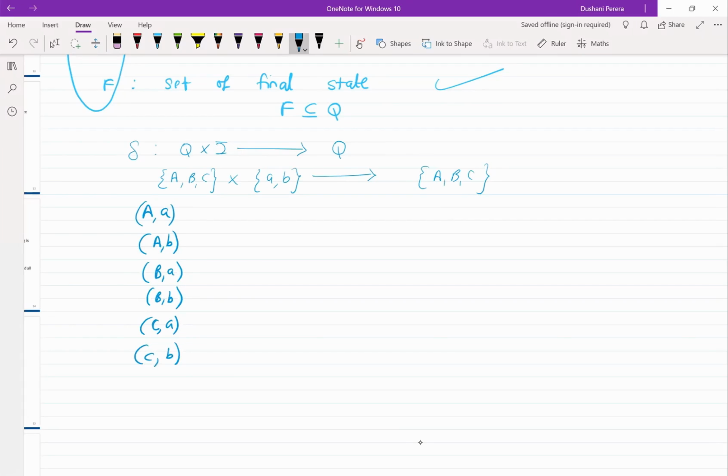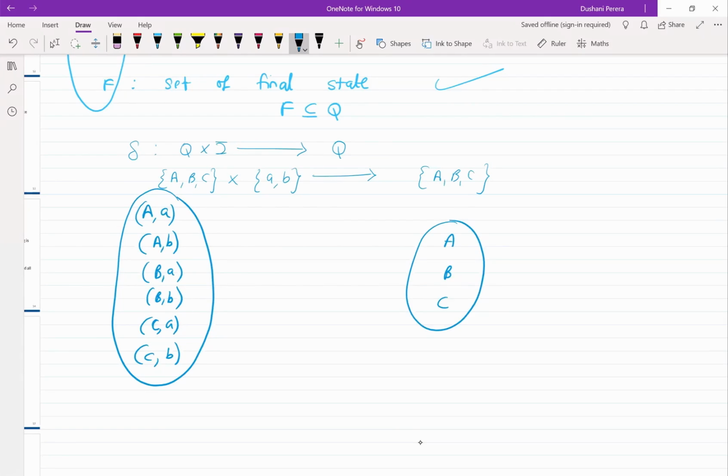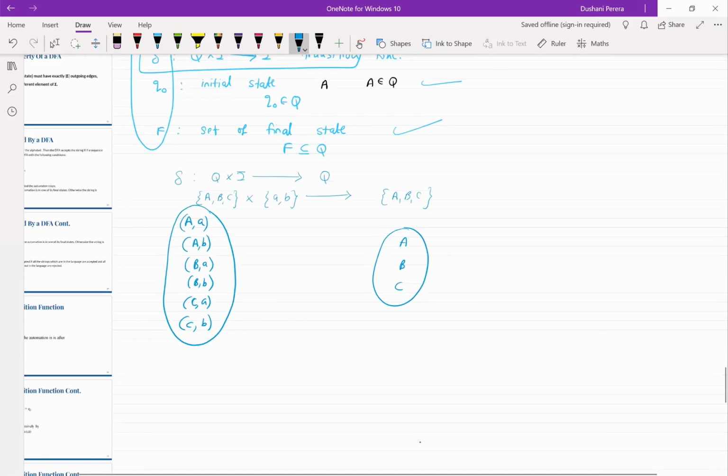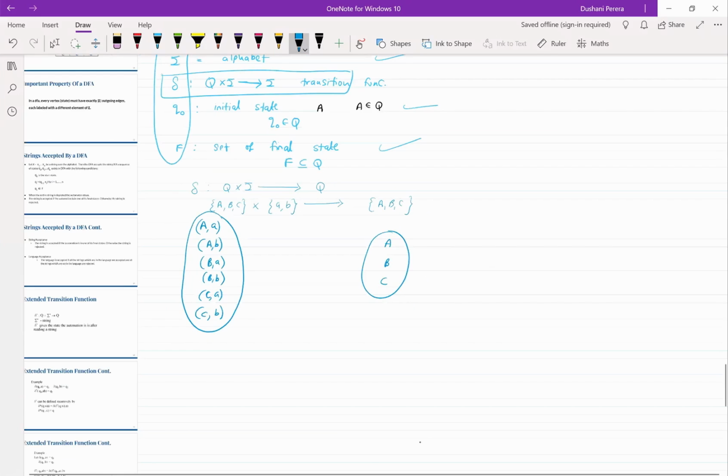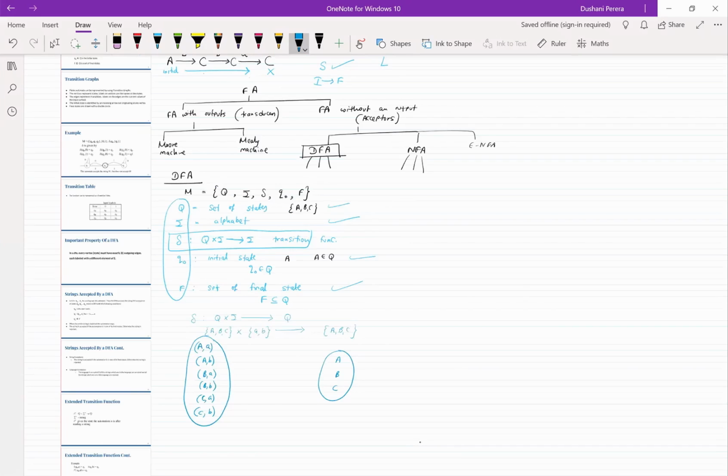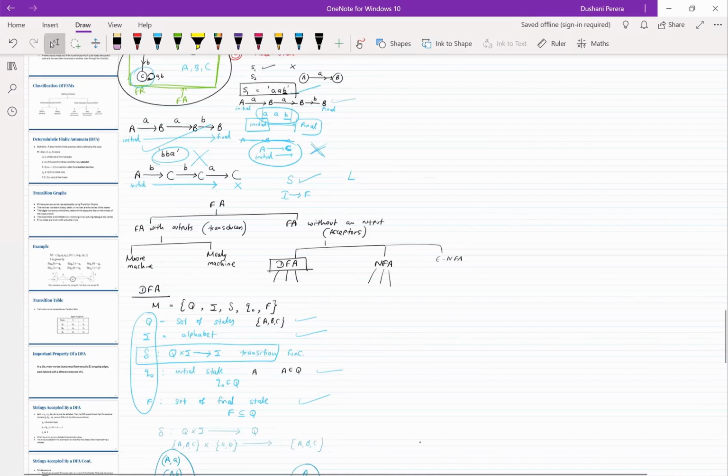So this is what we have for Q cross sigma. Then on this side we have what? A, B and C. Okay, now let's see. Look at this.